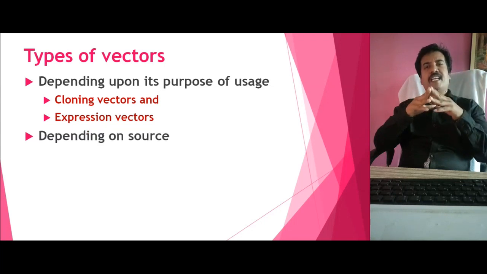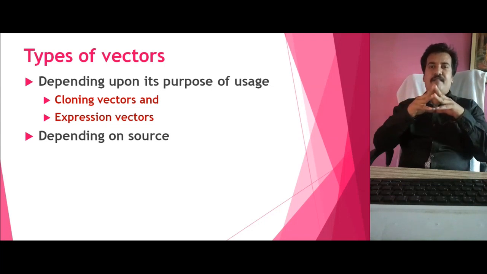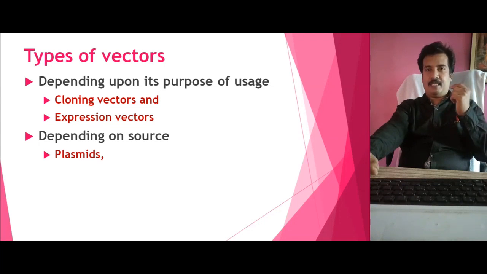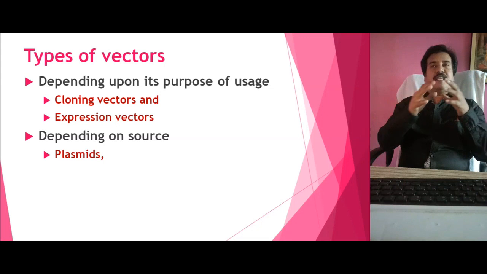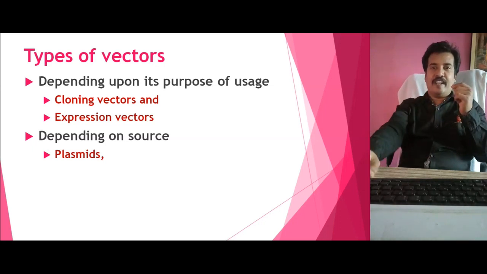Apart from this, we can classify vectors based upon the source from where we are getting them. First is the plasmid. A plasmid is an extrachromosomal DNA from a bacteria, a prokaryotic organism, and is used as a vector.